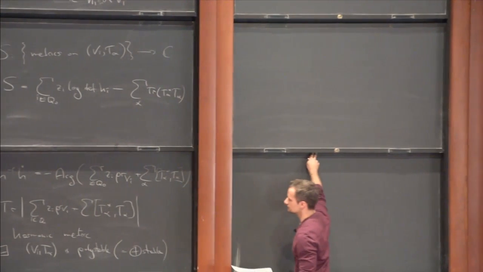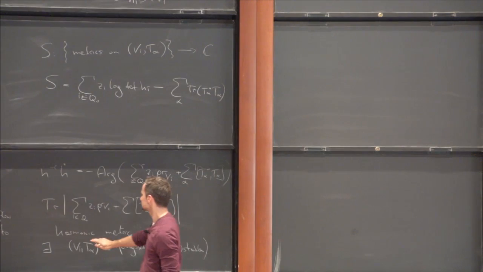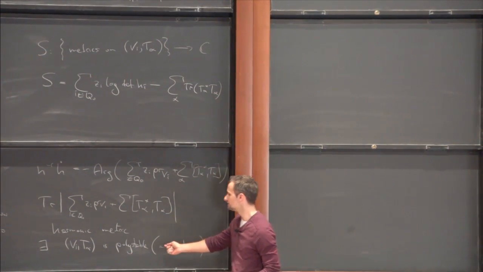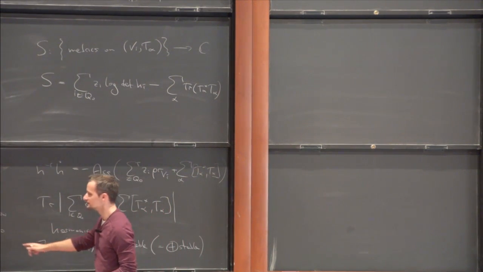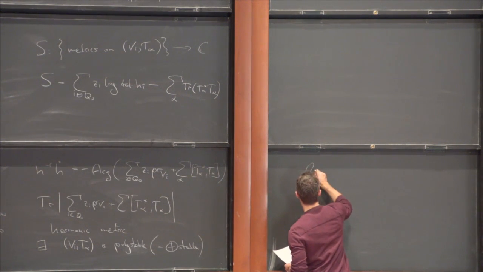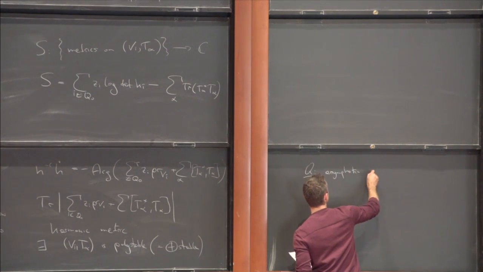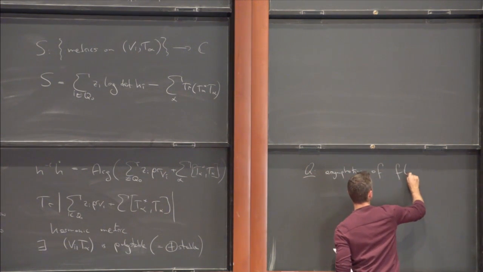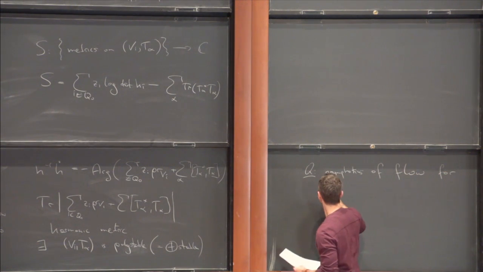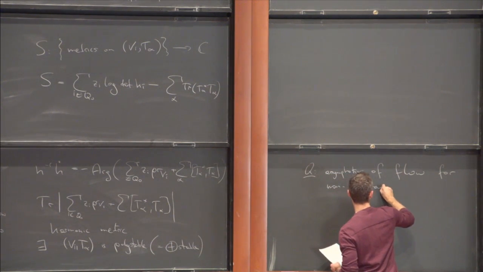So the question we're asking is this. Most representations are not polystable, so what's going on with this flow in the case when there's no fixed point? The question here is, what are the asymptotics of the flow for non-polystable objects?